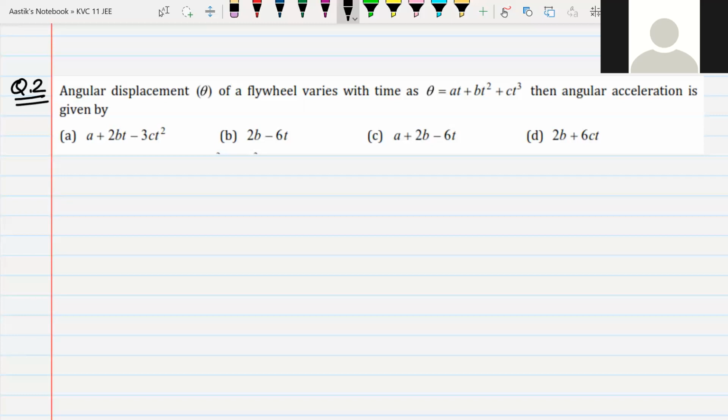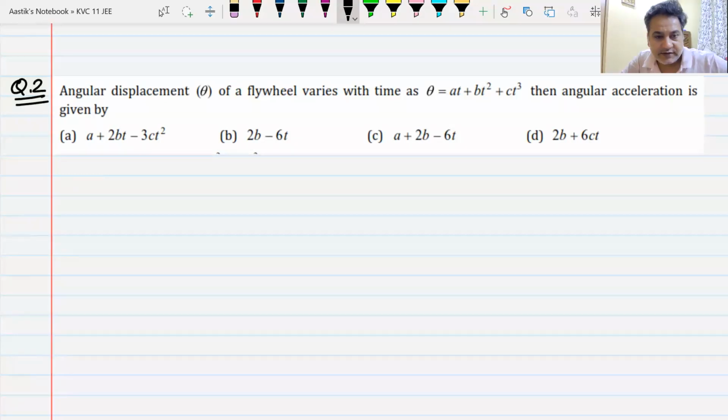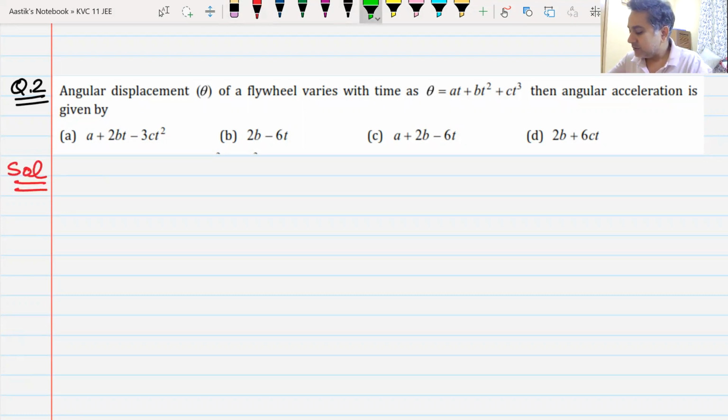Option D, sir. Yes, option D is correct. How are you supposed to do it? Angular displacement, or angular position, is given as a function of time. In the first step, you find out the angular velocity, you differentiate it once.